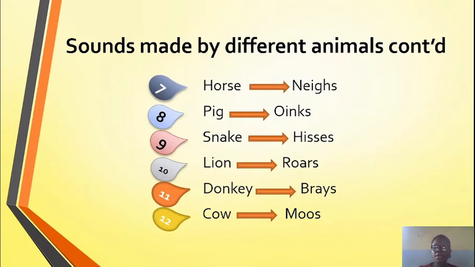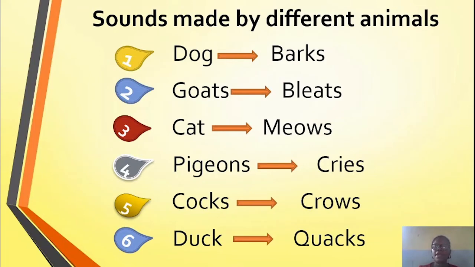Okay, I hope you can repeat these sounds with me. Can we go back to the sounds again? We said the dog barks. I hope you can bark like a dog. Then we have the goat. The goat bleats. I expect you to also try to make some of these sounds. Then the cat meows.